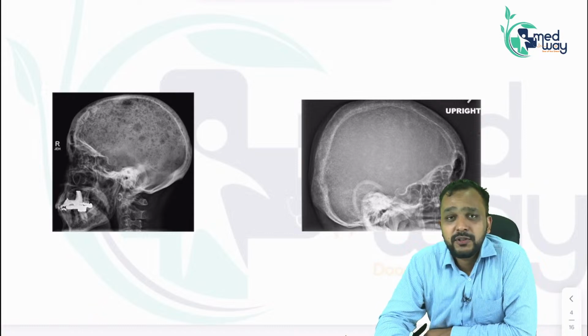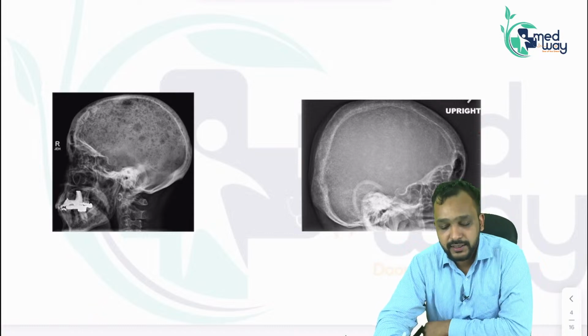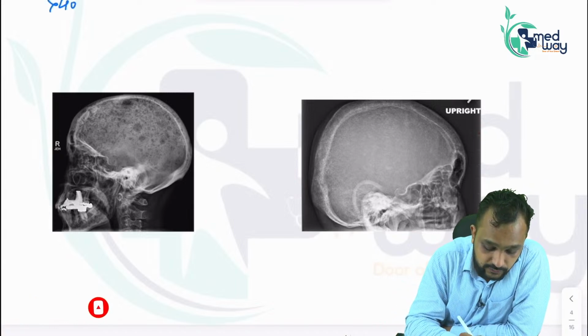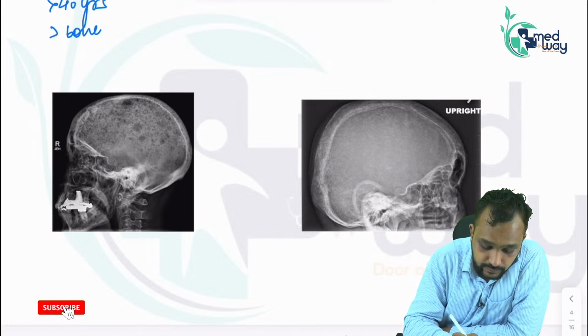Now another few important appearances of the skull which I would like to discuss here. Another case is that of a patient more than 40 years of age, presenting with bone pains.